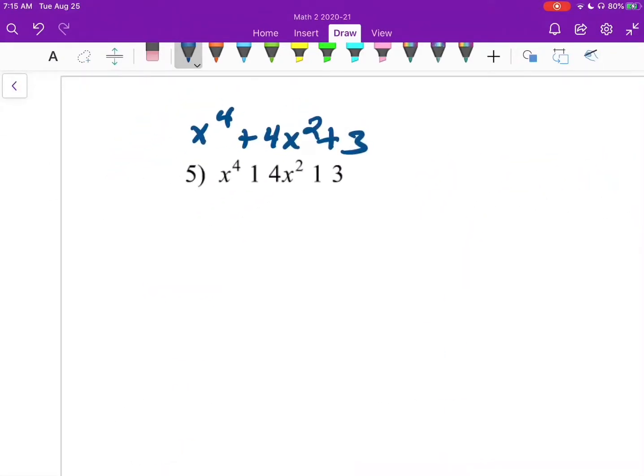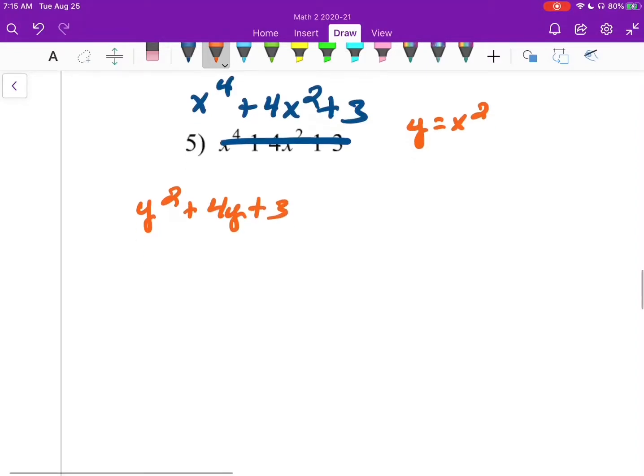All right, number 5. So again, we can say, well, y equals x squared, which would say, well, this is the same thing as y squared plus 4y plus 3. We take factors of 3. Well, that's 1 and 3. That's all that we can do.